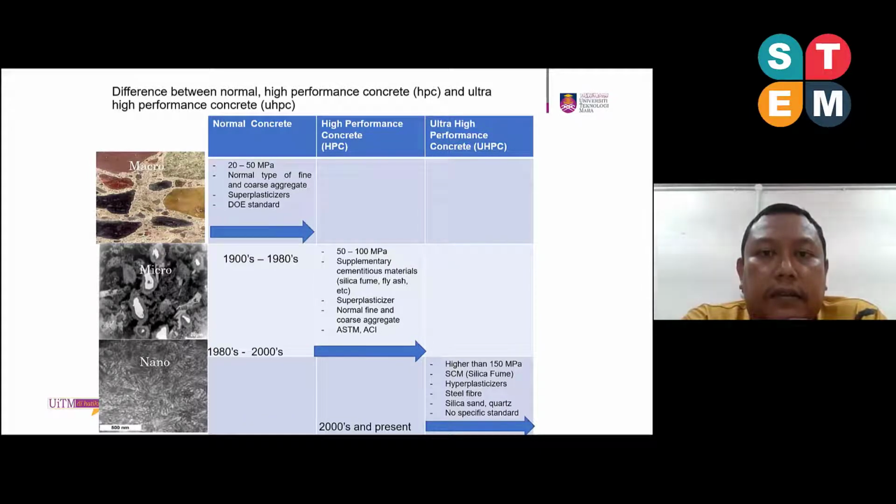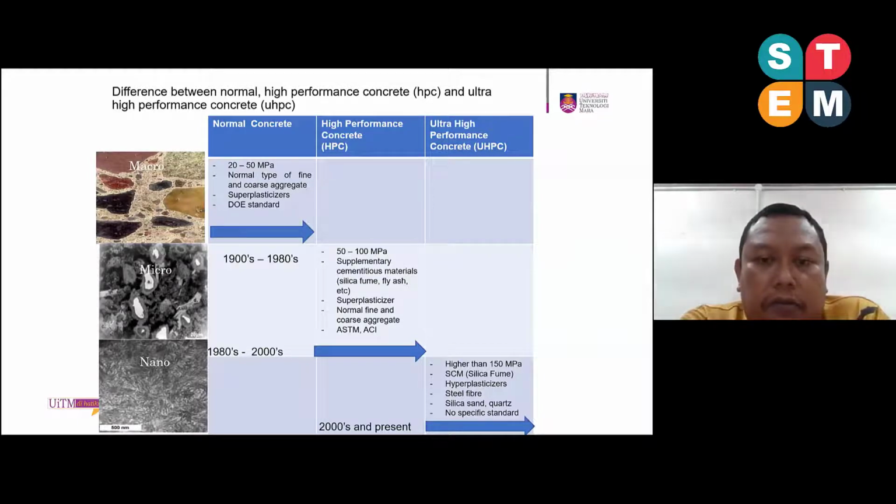The next is HPC, which we call high performance concrete, where the strength increases from 50 MPa to 100 MPa. To achieve this strength, we need supplementary cementitious materials, such as silica fume, fly ash, and others.